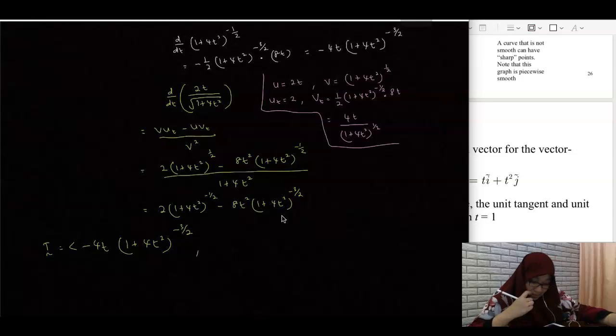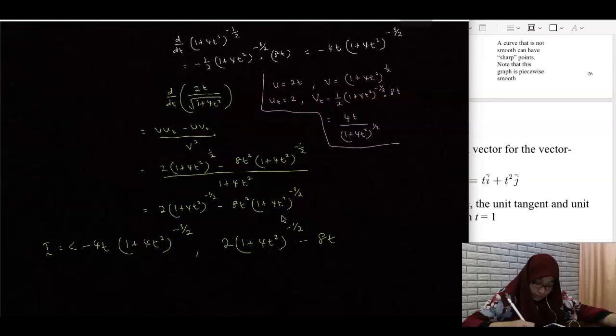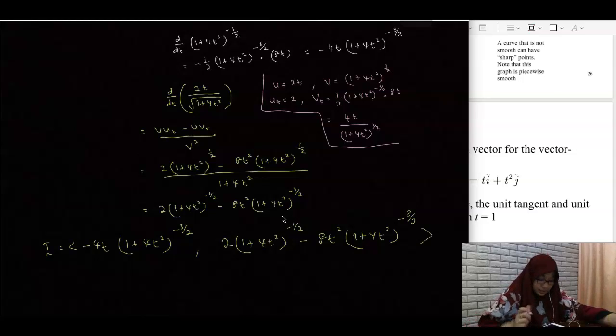Then for the second one, 2 (1 plus 4t squared) to the power of minus a half, minus 8t squared (1 plus 4t squared) to the power of negative 3 over 2. Okay, so that is not the T but the T prime vector.